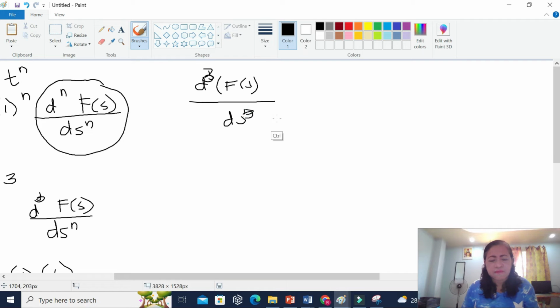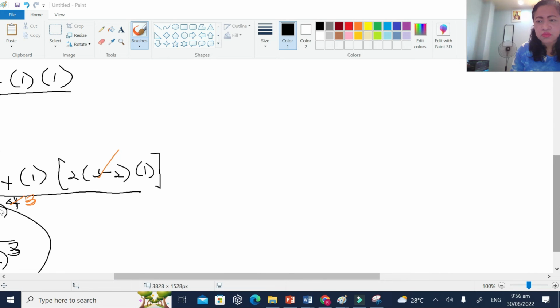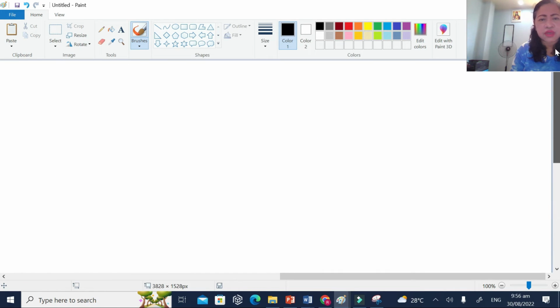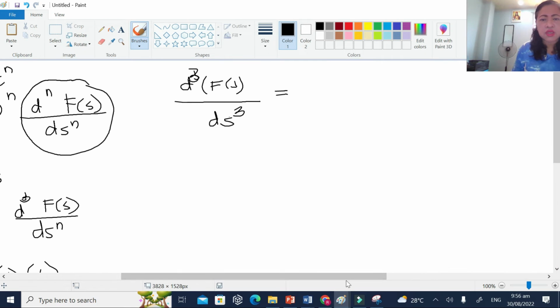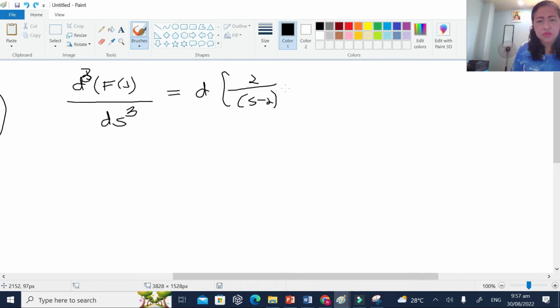Let's go back to this: 2 over s minus 2 cubed, the derivative of 2 over s minus 2 cubed with respect to s.